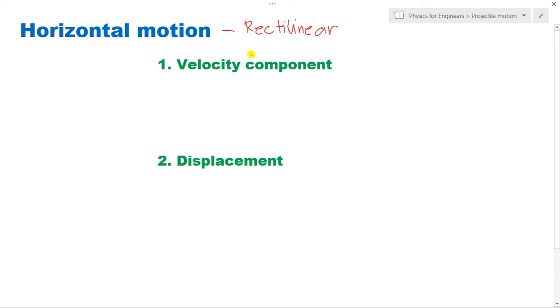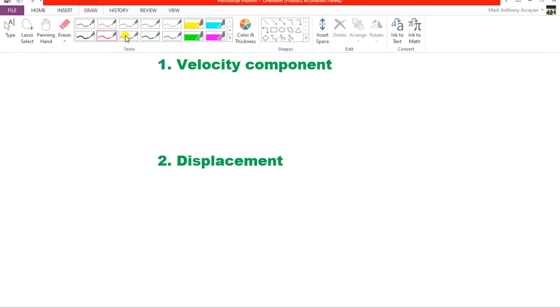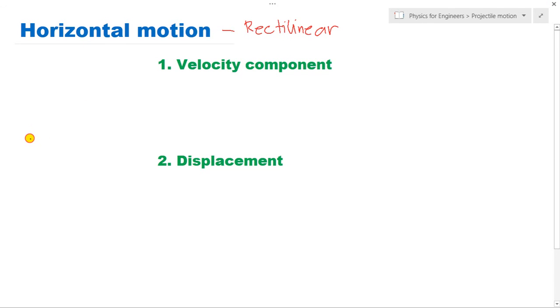So for rectilinear motion, we have first the velocity component. Kasi as we recall, we have here our resultant vector. Let's say our object is thrown initially at a certain degree. So this is our V initial, V naught. So since at a certain degree man, we have theta here, which is our, again, throwing angle.